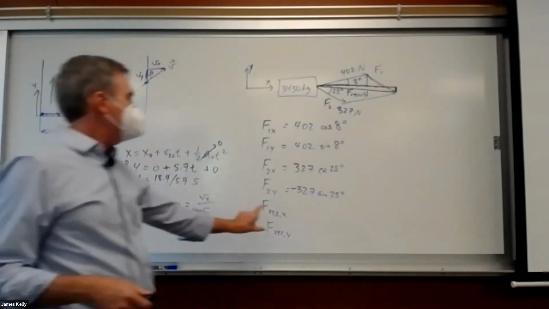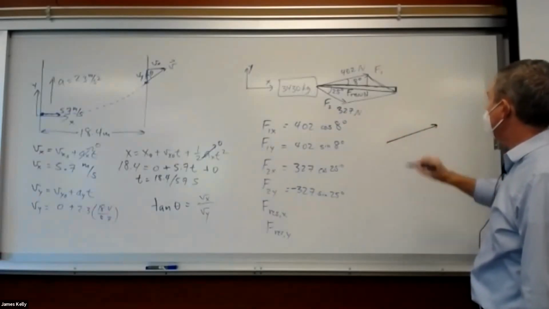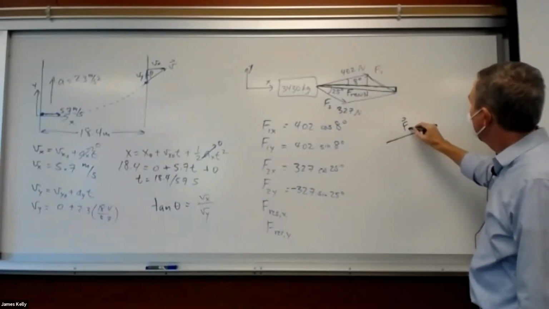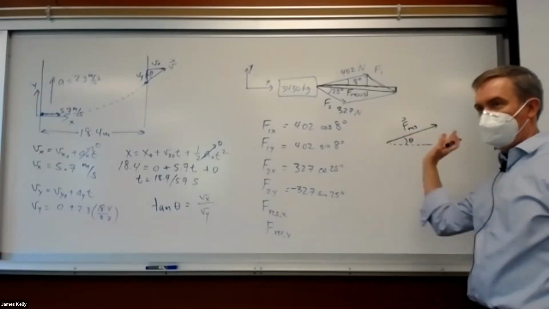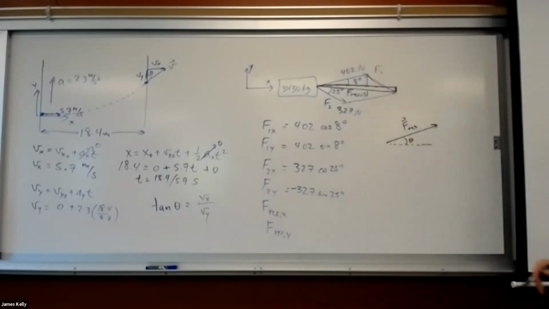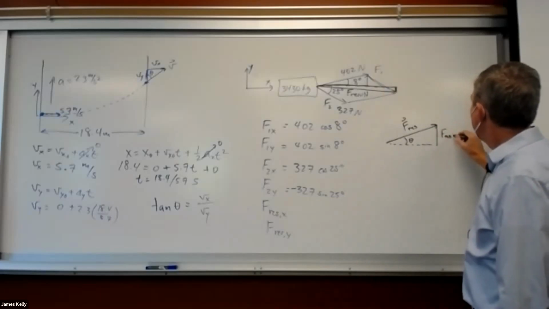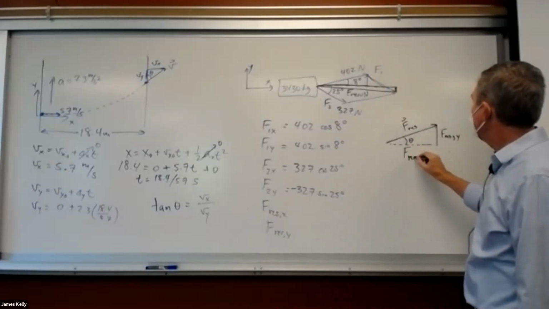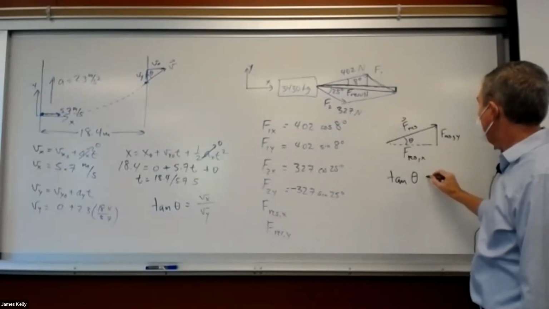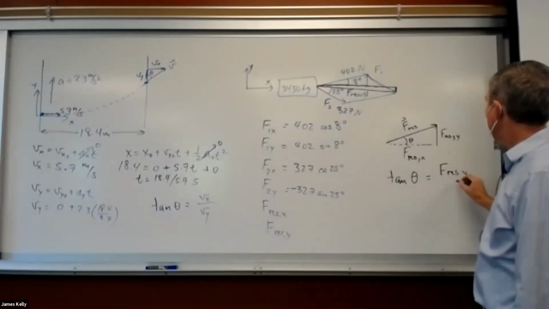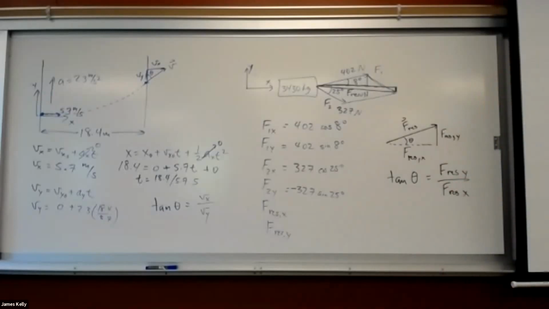Well, so if I've calculated these two things, right, the usual picture, let me just imagine that my resultant looks like this. Well, the angle they're talking about is relative to the horizontal, where positive angles are up and negative angles are down, so it looks like that, right? So we have found F resultant y component and F resultant x component, and so we're going to use the usual tangent of that theta is opposite over adjacent, and then take the inverse tangent to calculate the angle.